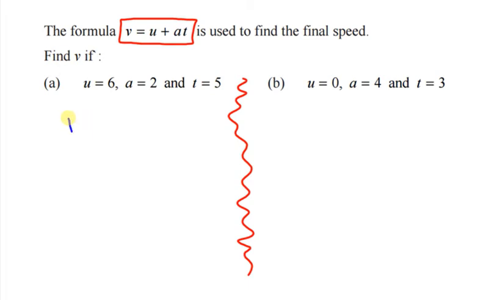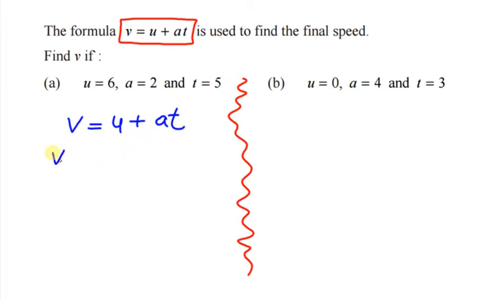So first we write the formula. V equals U plus A times T. And when I write my T's, I kind of have a little tail on them just so I can tell the difference between a plus and a T. It's a good habit to get into.